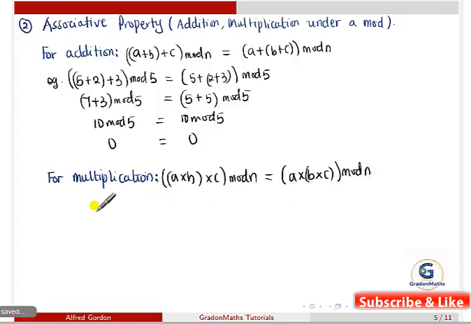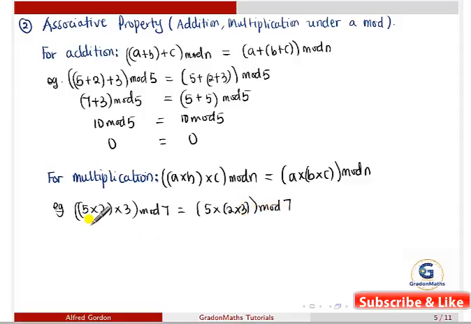Similarly here we are using a multiplication operation, so let's do 5 multiplying 2 in a bracket multiplying 3, mod 7, is equal to 5 multiplying 2 times 3 in a bracket, mod 7. So let's do the left hand side and the right hand side simultaneously.